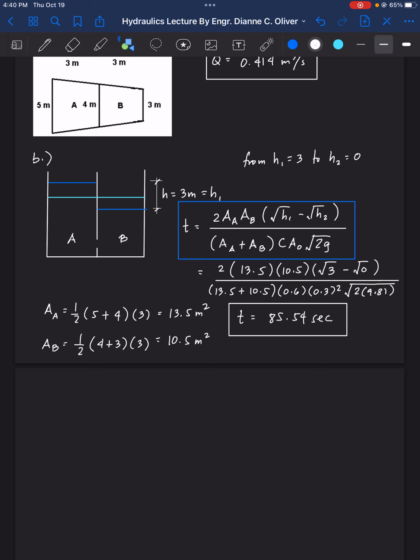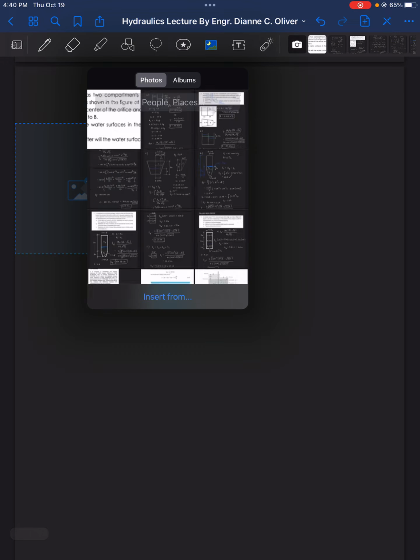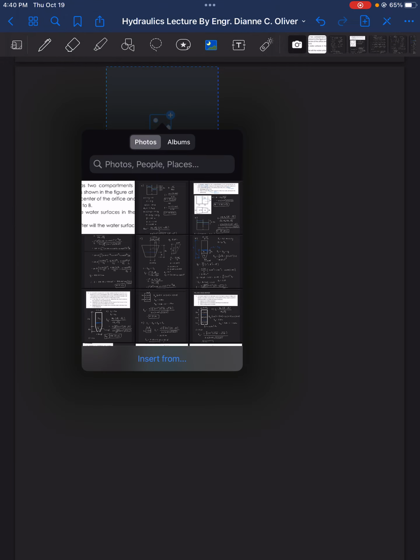Now for letter C, how soon thereafter will the water surface be 1 meter apart? So let's just draw it. How soon will their water level be 1 meter apart?